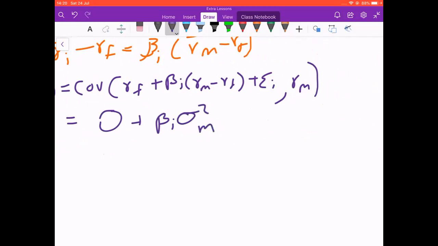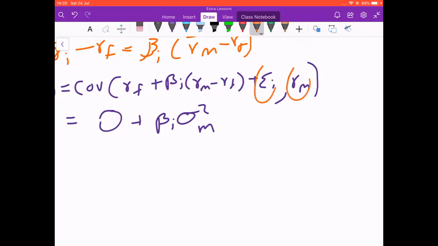And then you'll have beta times the covariance of the market and the risk-free rate, which is going to be 0 again. And then you will have the covariance of the error and the market, which again is going to be 0.